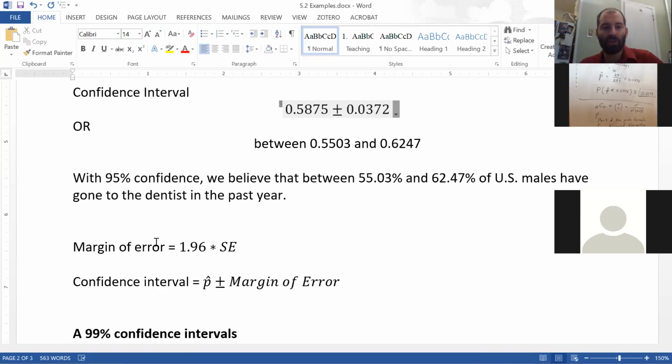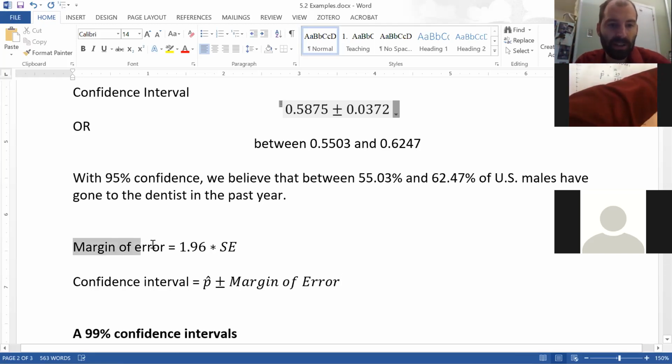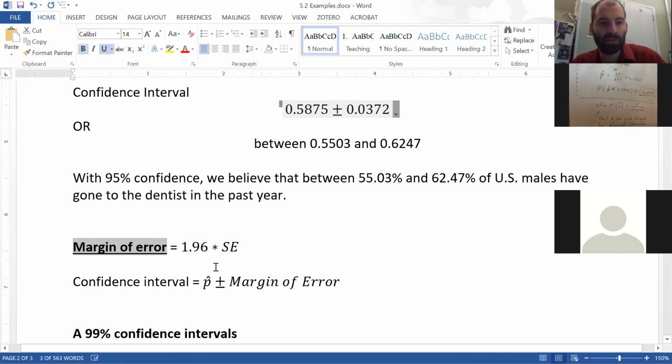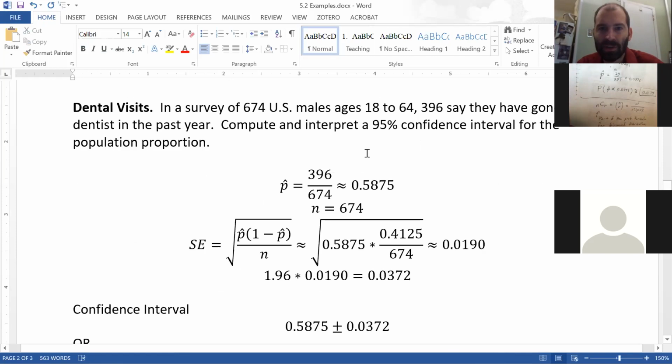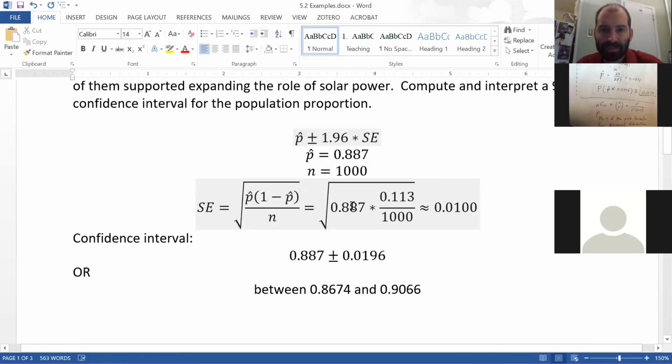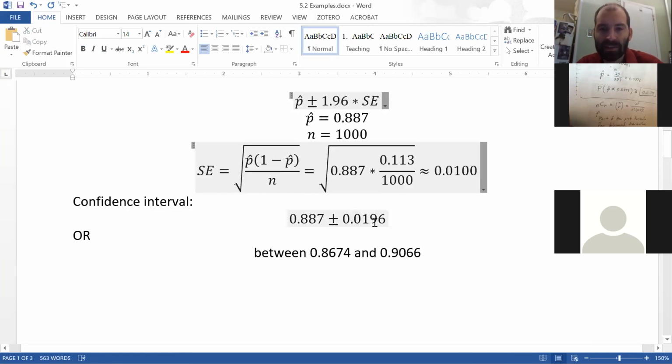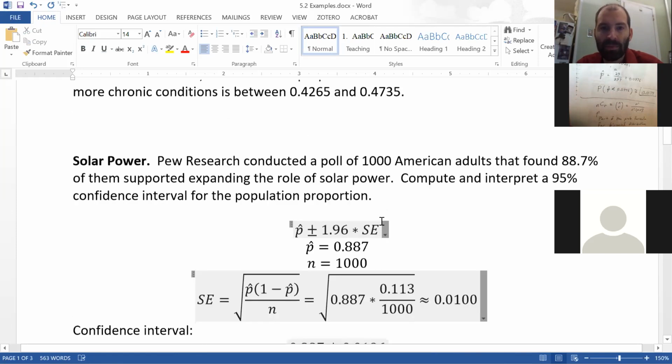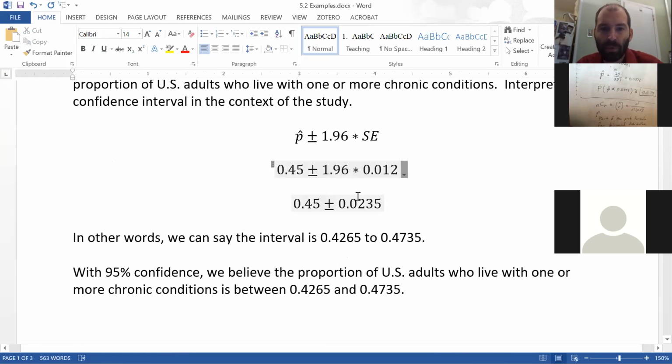You might see that term, margin of error, used in some homework problems. All it is is the 1.96 times the standard error. The margin of error in this problem is 0.0372. The margin of error in this problem was 0.0196. The margin of error in this problem was 0.0235.